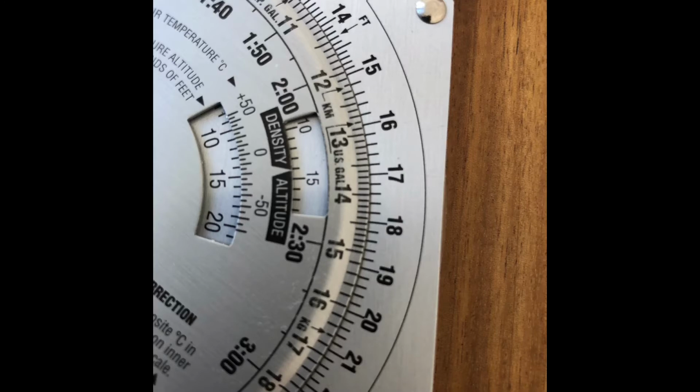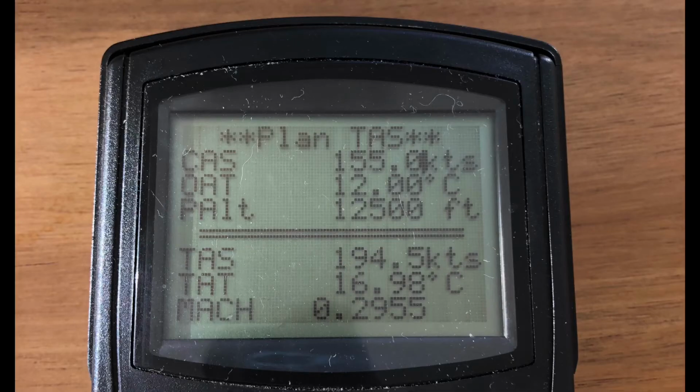We have a calibrated or indicated airspeed of 155 knots. So if we go to 155 on the inside and look to the outside, it will be across from 194. So our true airspeed is 194 knots.